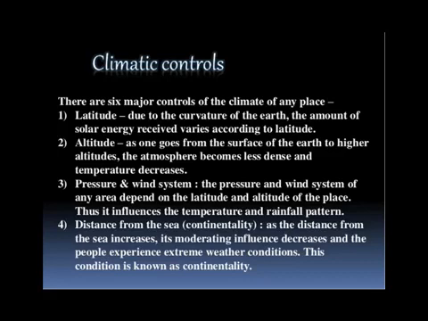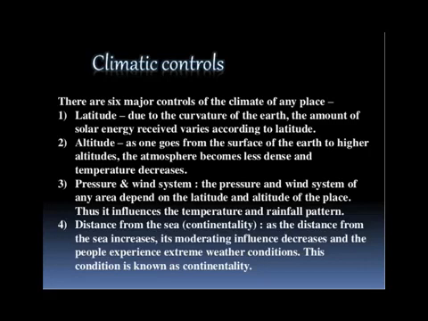Fourth, distance from sea. The places near the sea have a moderate type of climate. As we go away from the sea, the climate becomes extreme. What do we mean by moderate and extreme climate? Moderate climate means nearly the same temperature is found throughout the year.